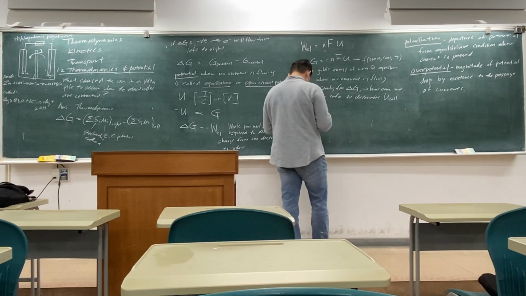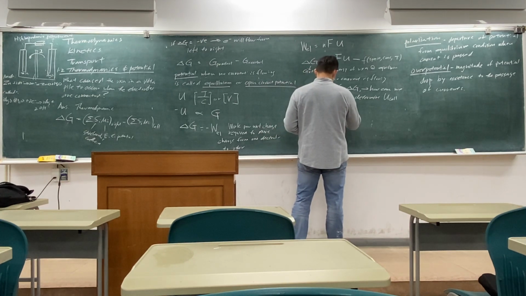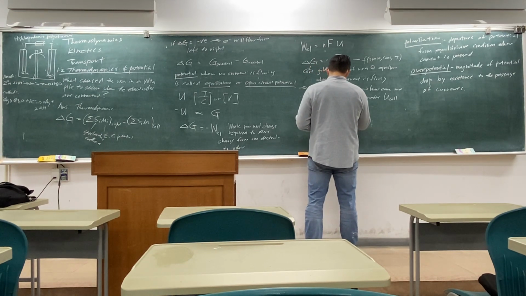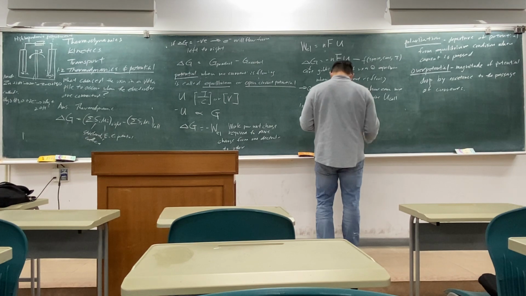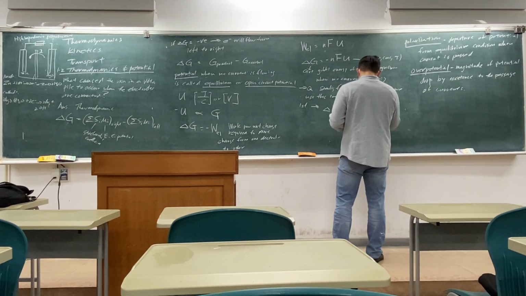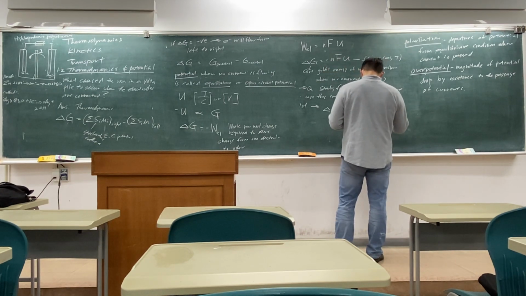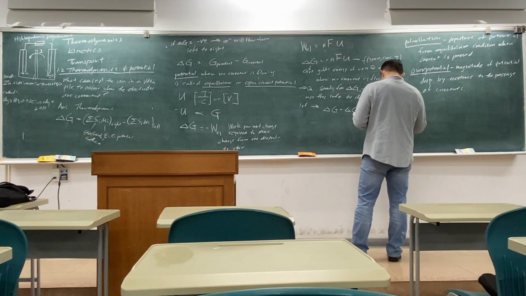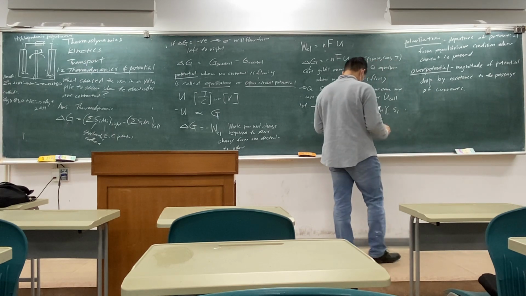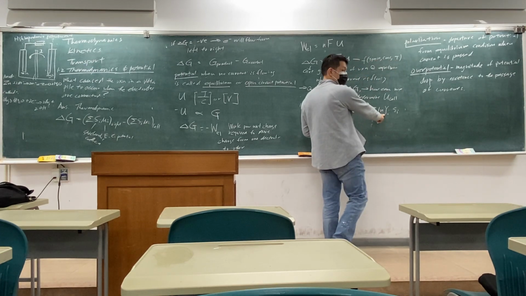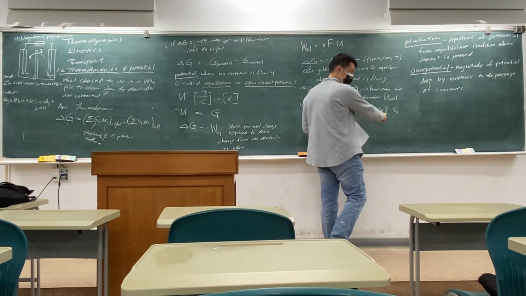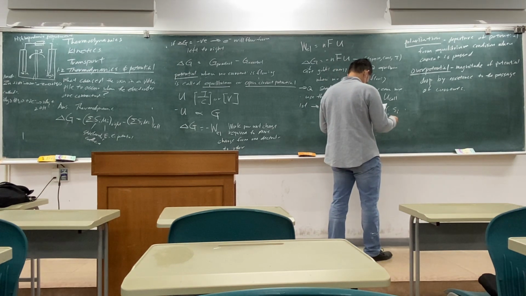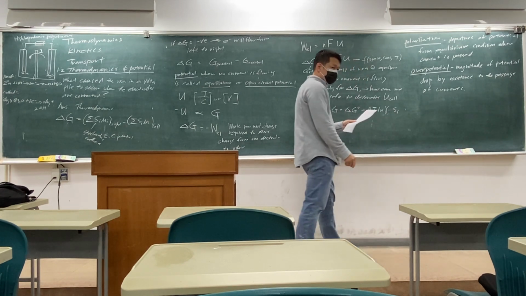So first we write delta G is equal to delta G naught plus RT ln of the product of gamma i to the power s i. So gamma is the activity coefficient, and s i is the stoichiometric coefficient again.